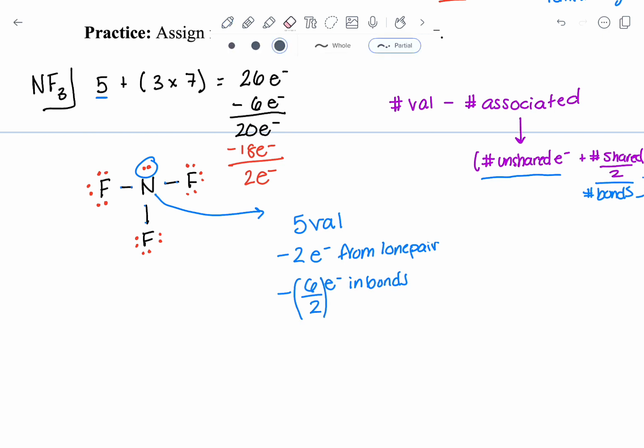We know 6 divided by 2 is equal to 3, so we can simplify that to 3. You could also see this as it has 3 bonds. So we take 5 and we subtract off our 2 electrons from lone pairs, our 3 electrons that are shared in bonds, and we get a total charge of 0 for nitrogen.